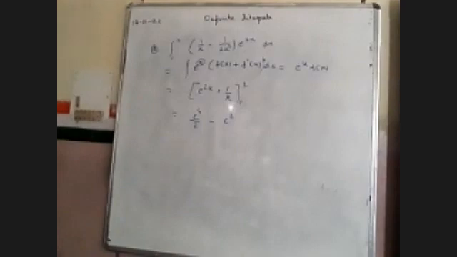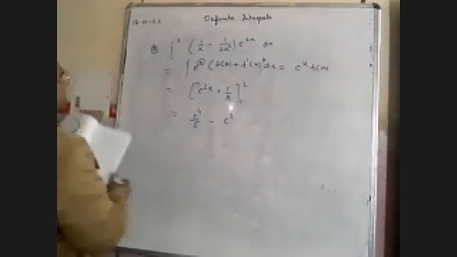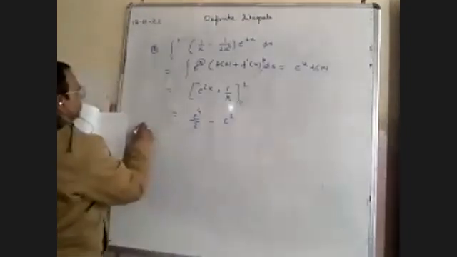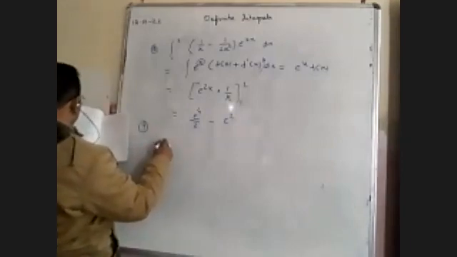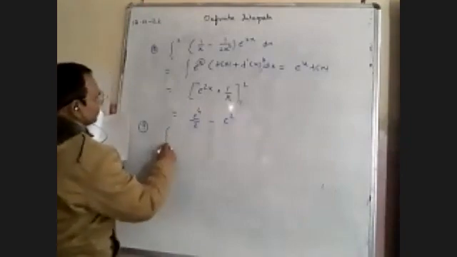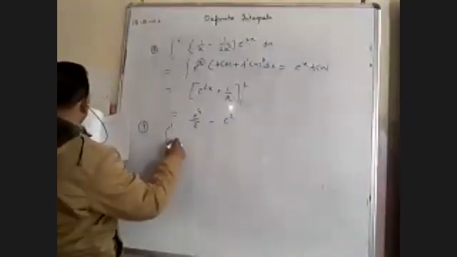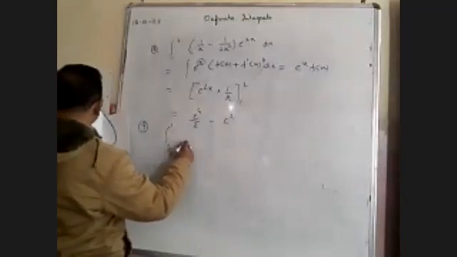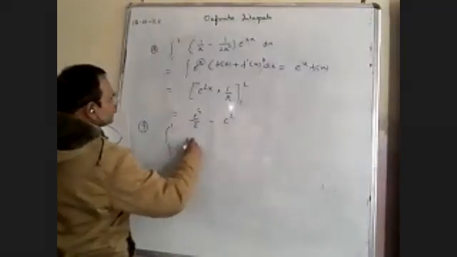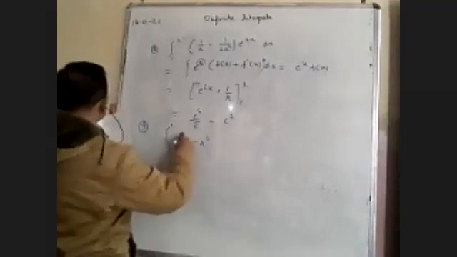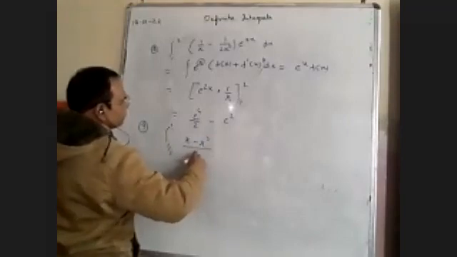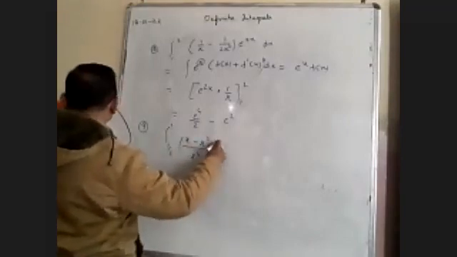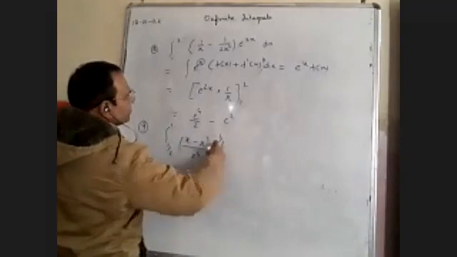Just see question number 9 also, 9 and 10 both we can do. Question number 9 है, 1 upon 3 to 1, x minus x cube divided by x to the power 4, whole to the power 1/3 है ना.